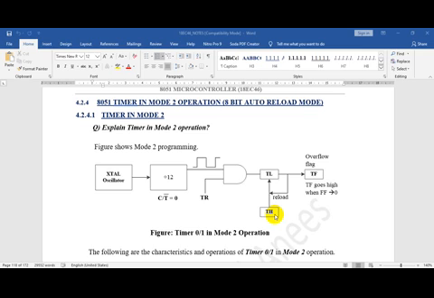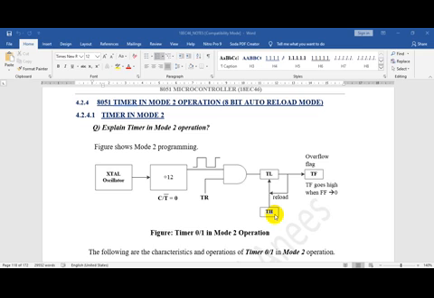The advantage was, the timer count value you can load up to 16 bits, so you can get larger delays in mode 1, whereas in mode 2 the count value you can load is only 8 bits. So the delays generated in mode 2 will be smaller compared to mode 1.